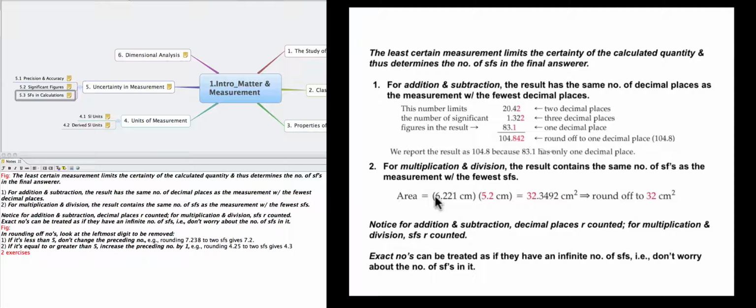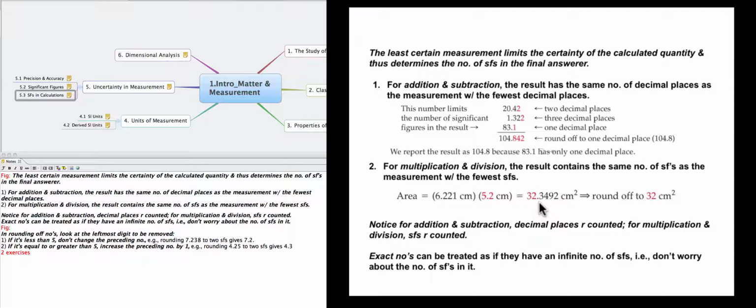104.8. For multiplication and division, the result contains the same number of significant figures as the measurement with the fewest significant figures. So here is an example. You are measuring the area of a rectangle. One side is 6.221 centimeter, another side is 5.2 centimeter. So you multiply these two numbers to get the area.